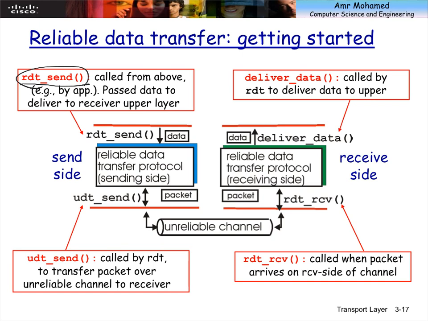Okay, on the other side, when we send, the receiver will receive a reliable data transfer receive, which means that, again, it's an interrupt from the lower layer, in this case, from the network layer, that there is a packet that you can now receive and deliver to the application layer. Okay?